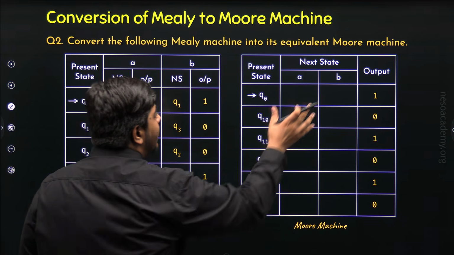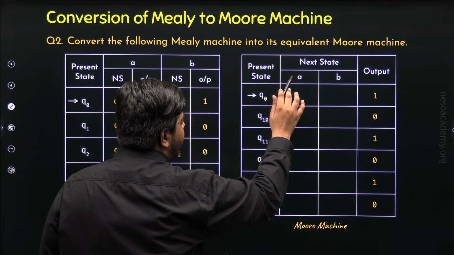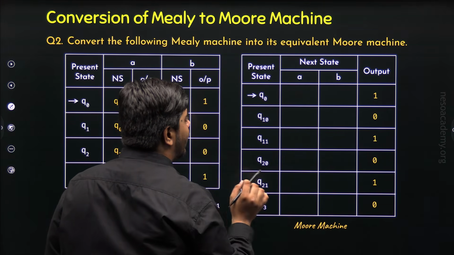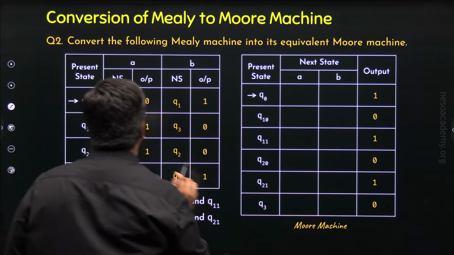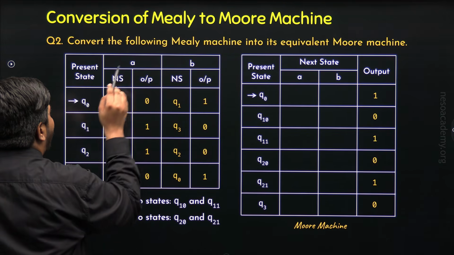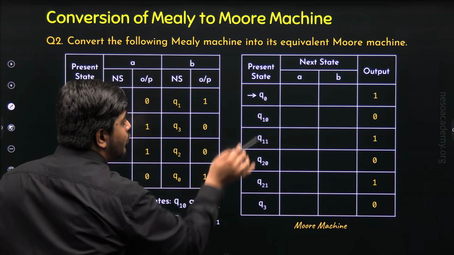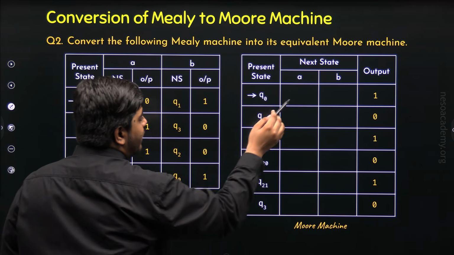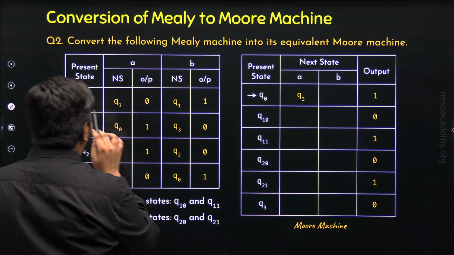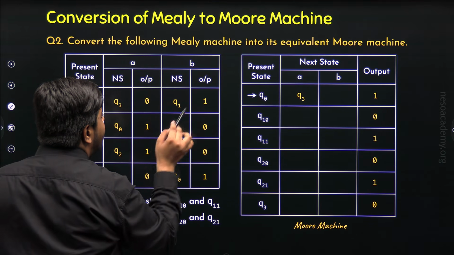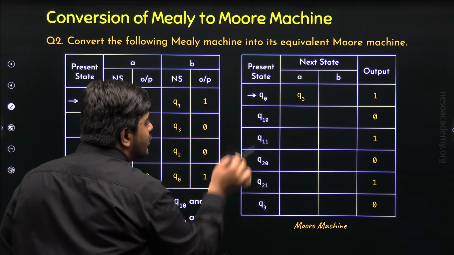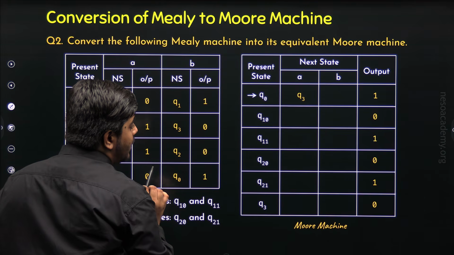Now we have to fill the next state column for the input symbol A as well as for the input symbol B. As you can see, Q0 on A gives Q3, and Q3 is a state in the Moore machine. That is why we can write Q3. Now Q0 on B gives Q1, but Q1 is not a state in the Moore machine.